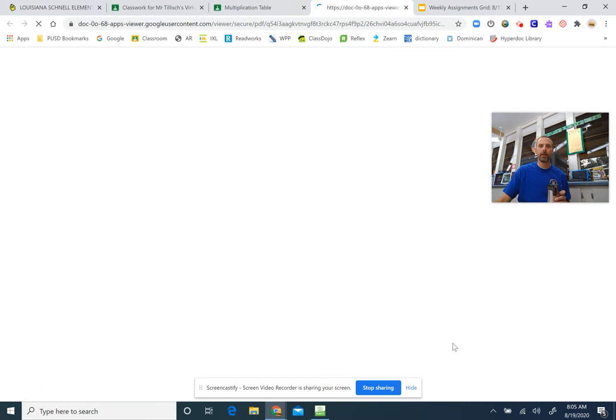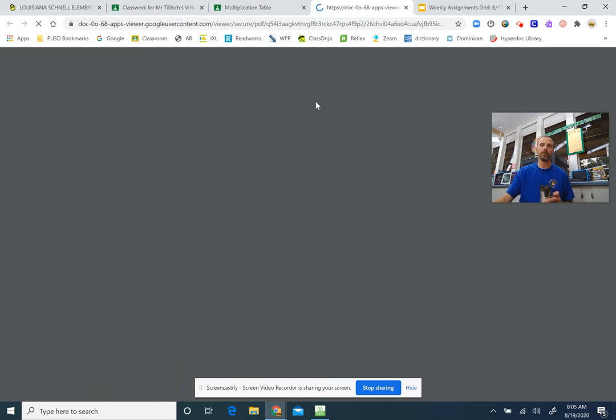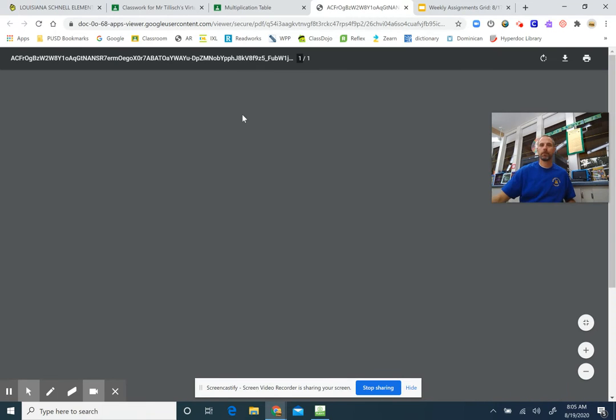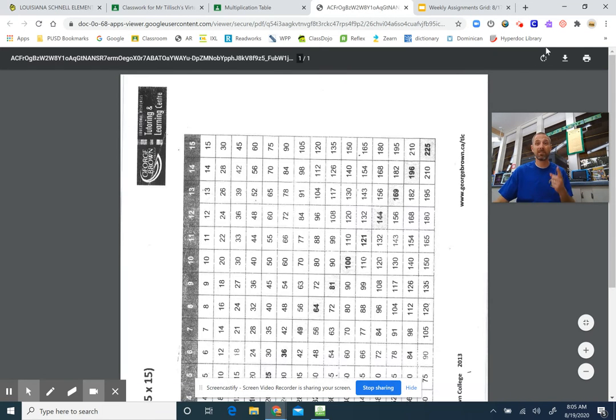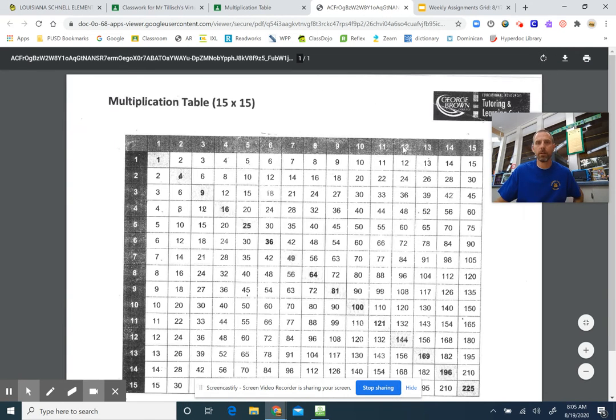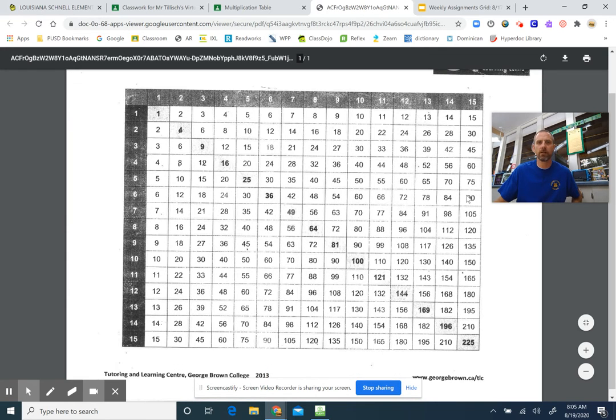It brings up another screen, and then you have this little arrow over here. It's part dashed line and then part solid line with an arrow at the end. If you click that, it will rotate your multiplication table for you so that you're looking at it in the right direction. I think that'll be very helpful for you. Okay, so that's number 3.